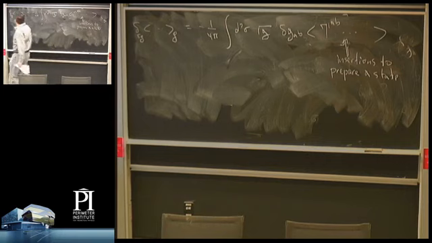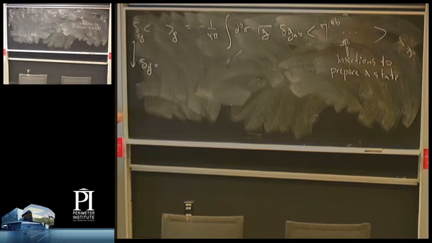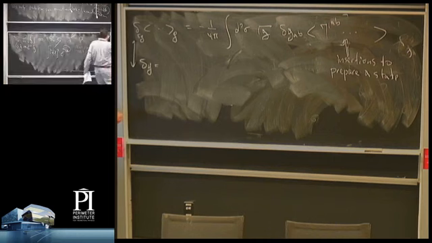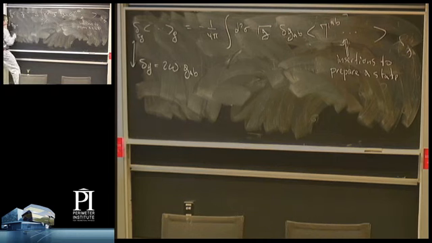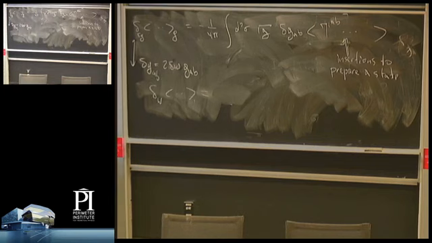And now we look not at the arbitrary variation of the metric, but the variation of the metric due to Weyl transformations. In that case, the metric varies as 2 omega times G_AB, right? So under a Weyl transformation, the metric simply rescales. So delta G_AB is simply 2 delta omega G_AB.